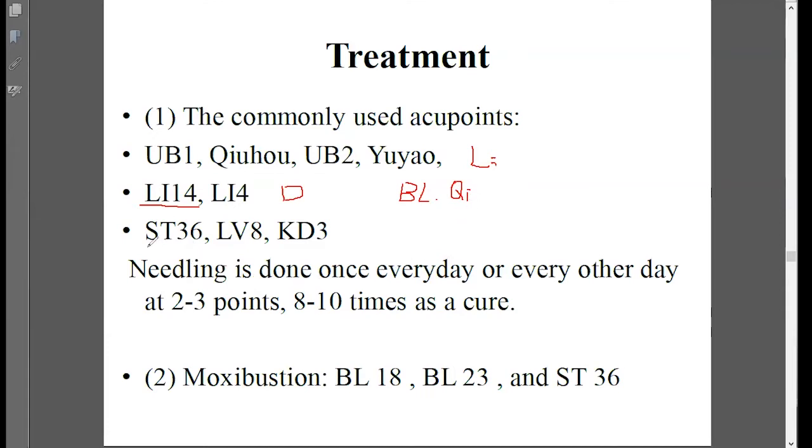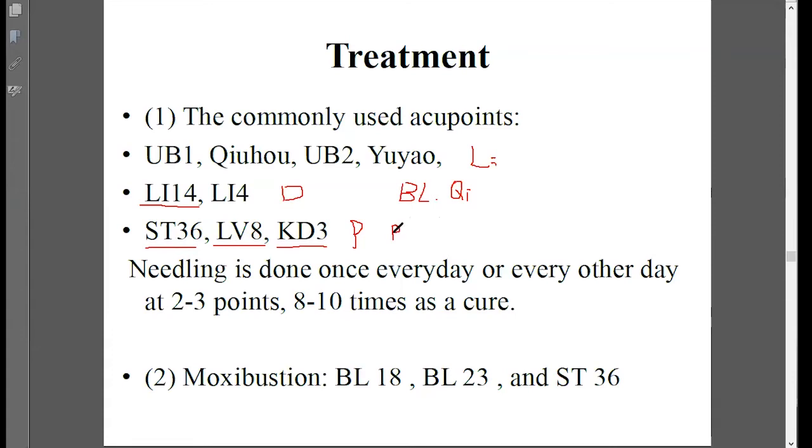Then we use other points, pattern points. For deficiency, Liver 8 is a pretty good point to tonify liver blood. For kidney deficiency, we use the yuan source point of the kidney to tonify the kidney. Stomach 36 certainly tonifies both qi and blood and is a strong point. We also have other tonifying points, like back shu points: Bladder 20, Bladder 18, Bladder 23, and Bladder 25.